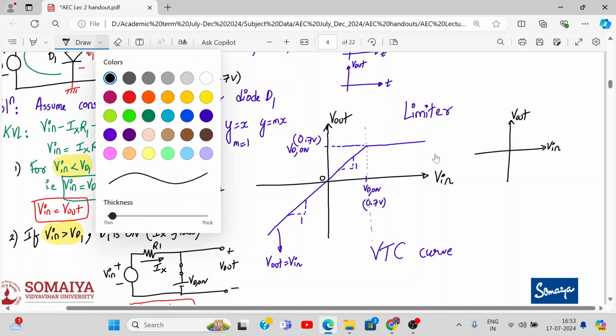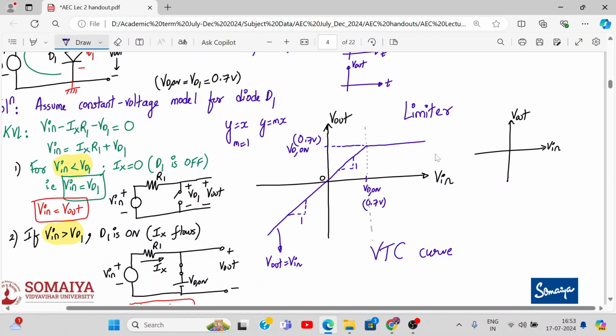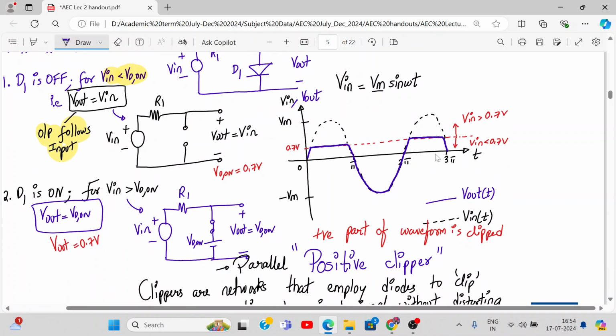It will look like this, and it will be 0, right? Just make VD on equal to 0. That's it. So this will be the waveform. Explanation wise, everything will remain the same. Acha, what about this waveform? How will it be? Anyone?